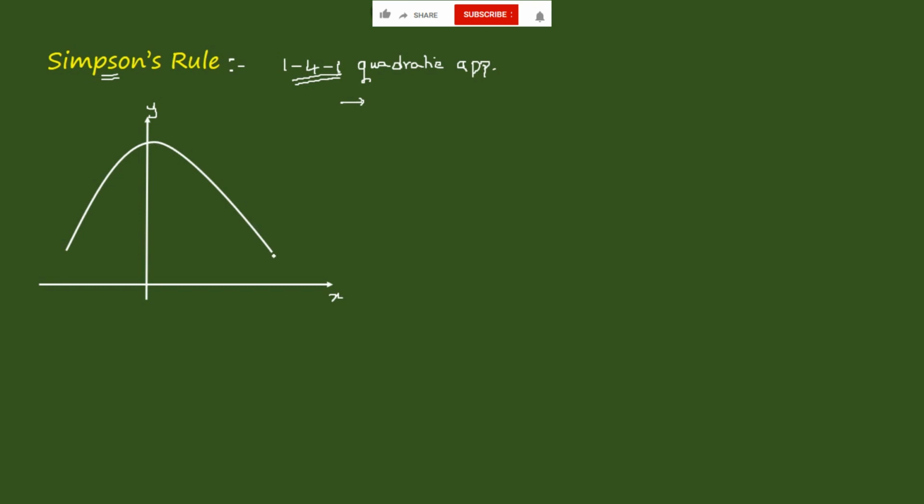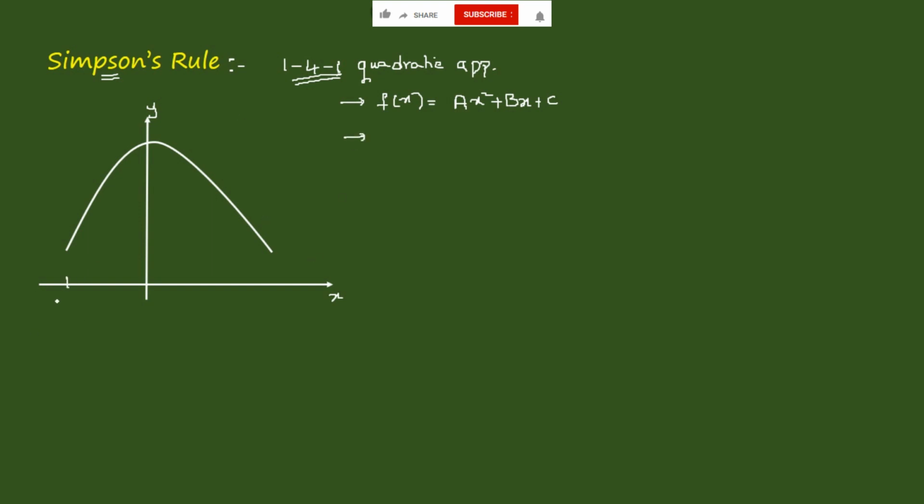If you consider the graph, there is the x-axis and the y-axis. Consider this as a function, a quadratic equation, such that f of x is equal to ax square plus bx plus c.